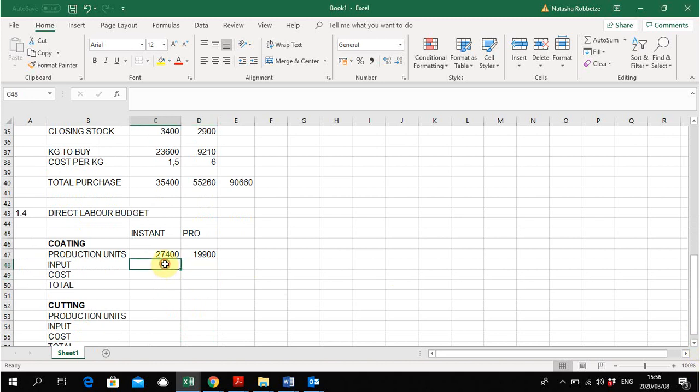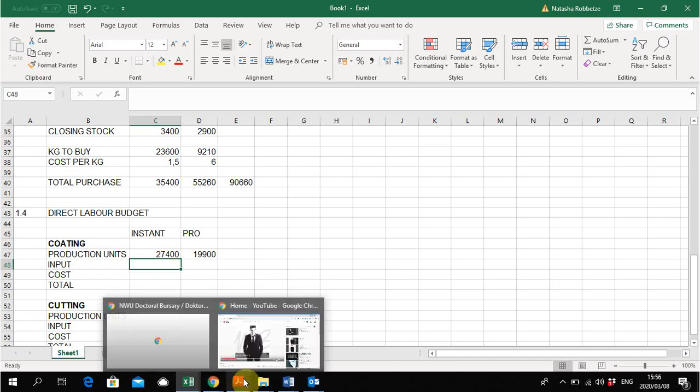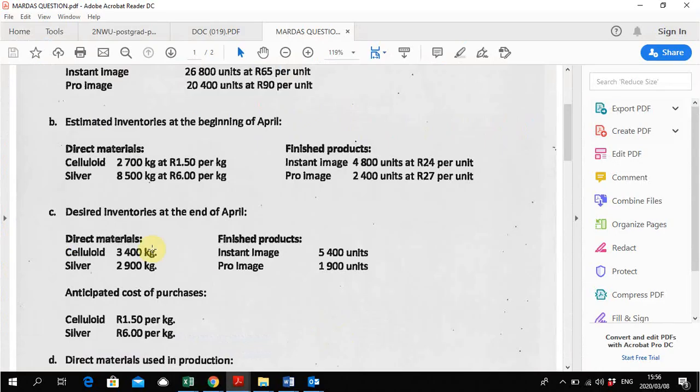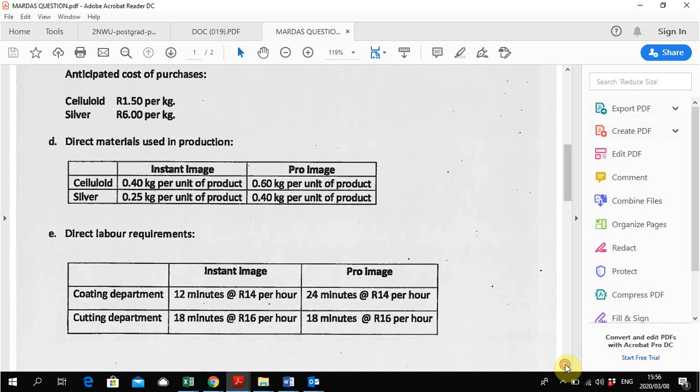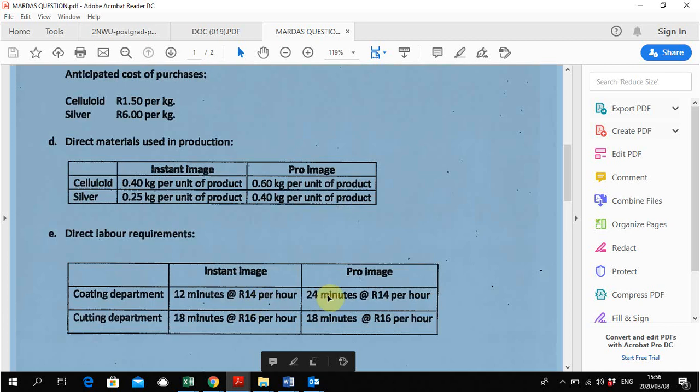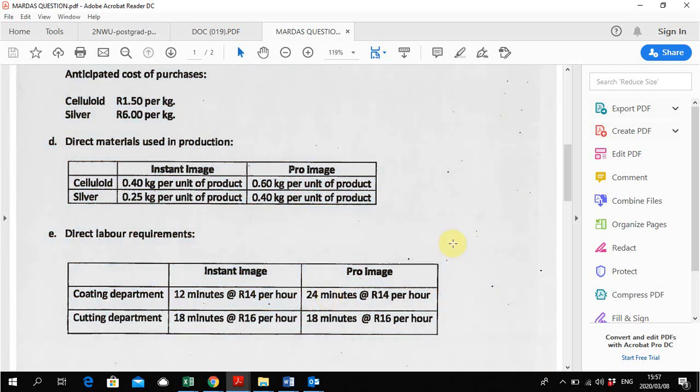Then the input, I believe there was a problem in this question in terms of the time, because it was not given in the same metric. So if I look at the time, it says it's 12 for the instant image. The coating department requires 12 minutes at 14 Rand and 24 minutes at 14 Rand as well for the Pro image.